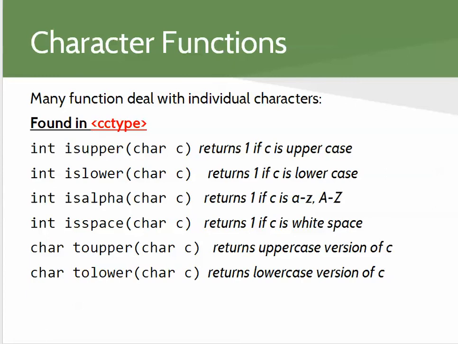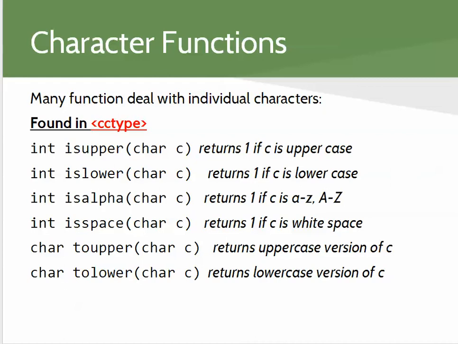So isupper and islower will return 1 if the input parameter is uppercase or lowercase. isalpha will return 1 if the character you give it is A through Z, capital or lowercase. isspace returns 1 if c is a space character, and that means a space bar, a tab, a new line, a carriage return, any type of blank space.